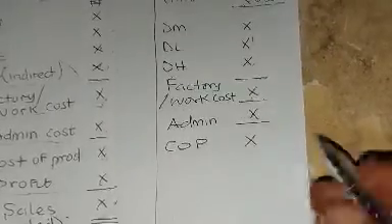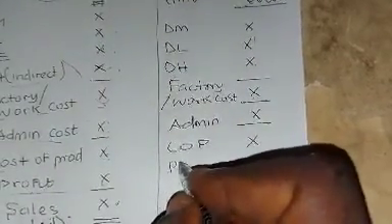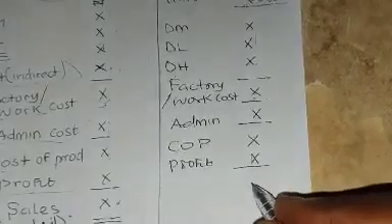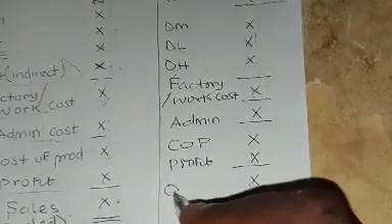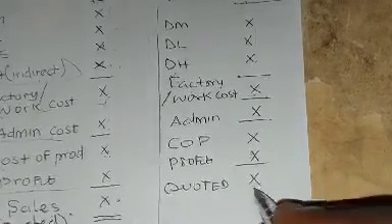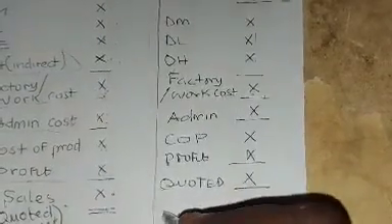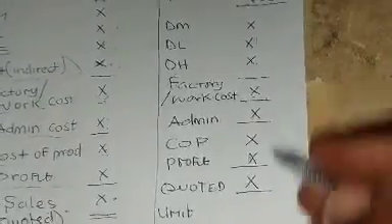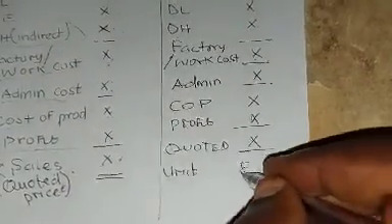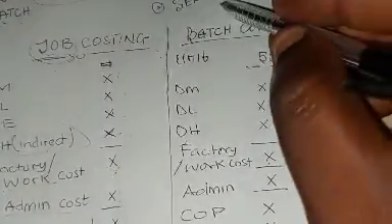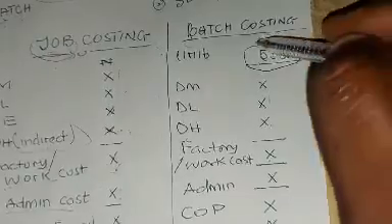Then you add your profits. Then you have your quoted price, the selling price. Then you divide by the units. In a batch, you may have 5,000 units.